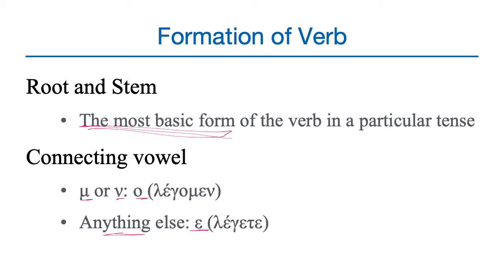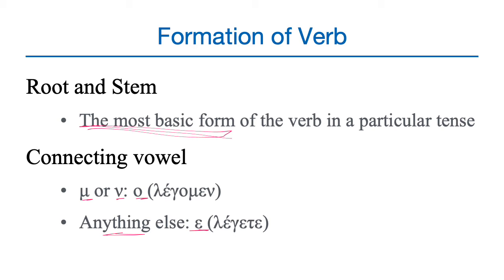What you need to know about connecting vowels is if the personal ending begins with a mu or nu, the connecting vowel will be omicron. Let me say it again. If the personal ending begins with a mu or nu, the connecting vowel is an omicron. Anything else other than mu or nu, the connecting vowel is epsilon.